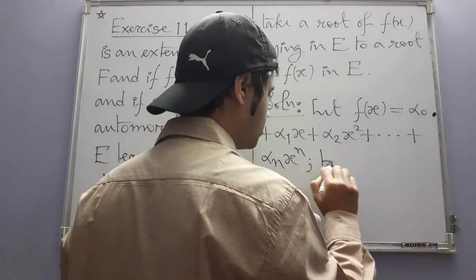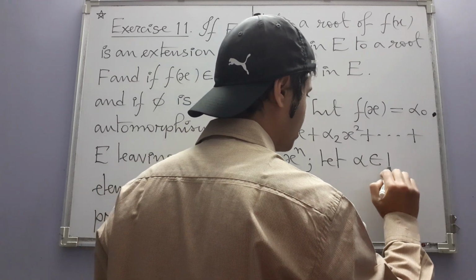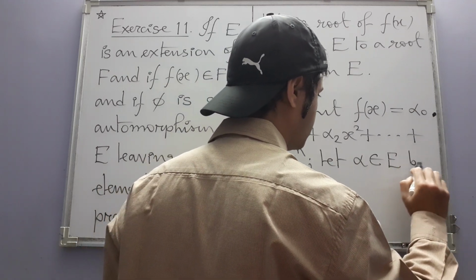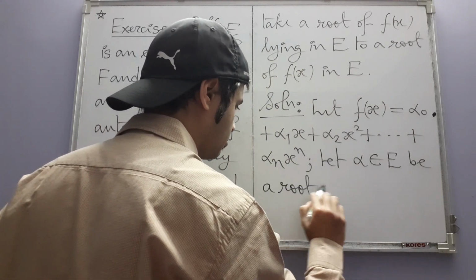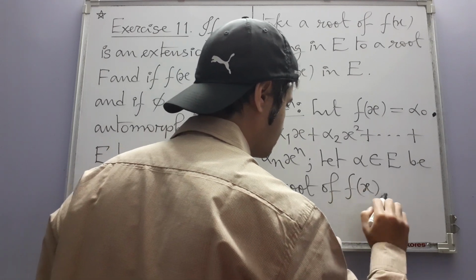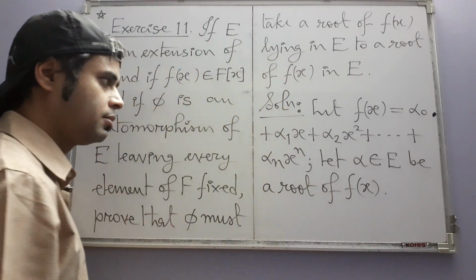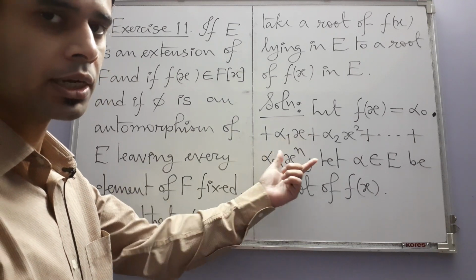Also, let alpha belonging to E be a root of f(x). That means if we replace x with alpha, here we are going to get 0.